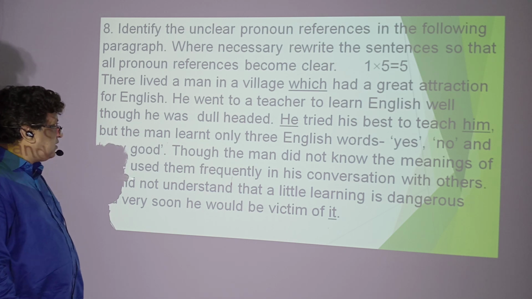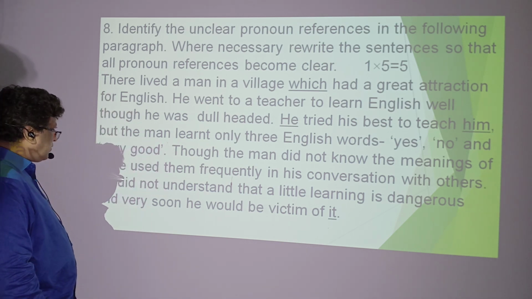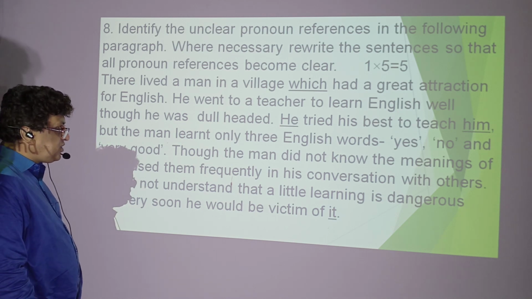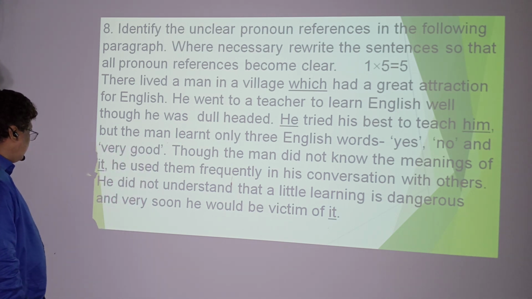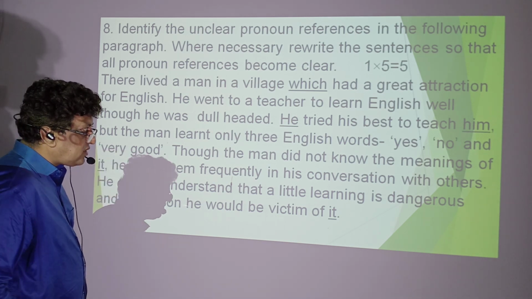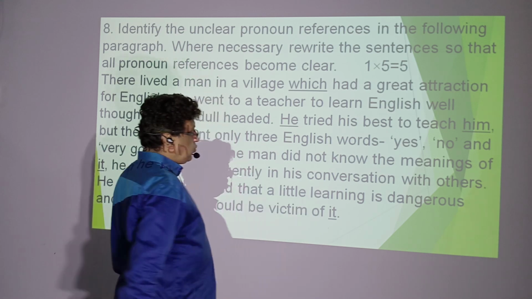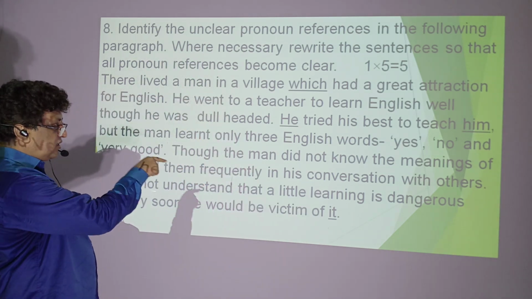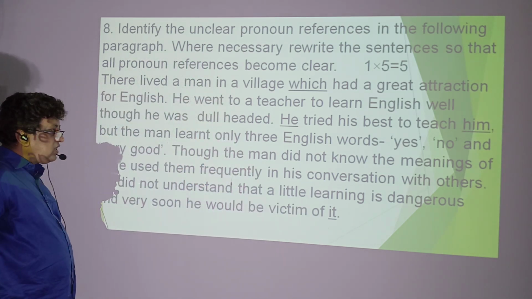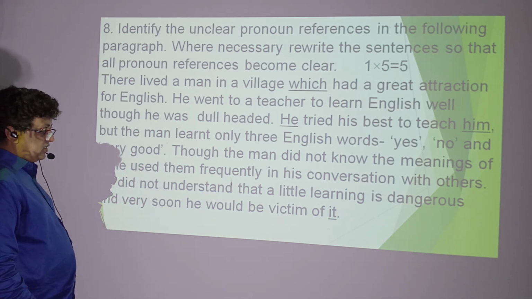But the man learned only three English words: yes, no, and very good. Though the man did not know the meanings of it. It is here incorrect because it refers to the meaning of the English words. So we can use the words instead of it.